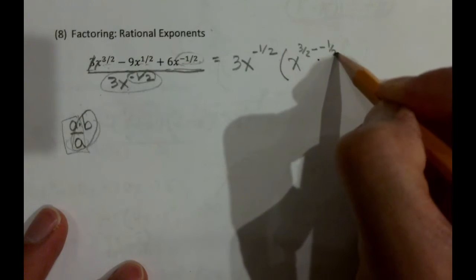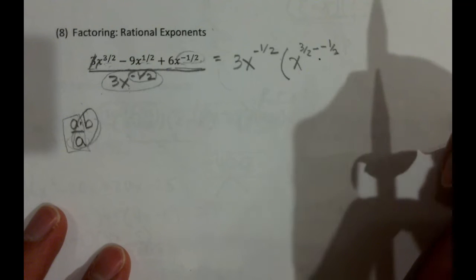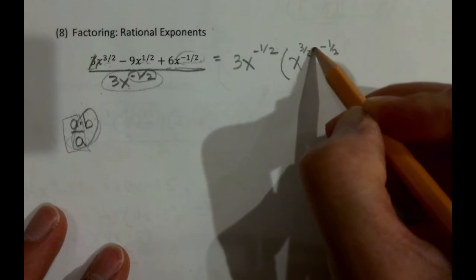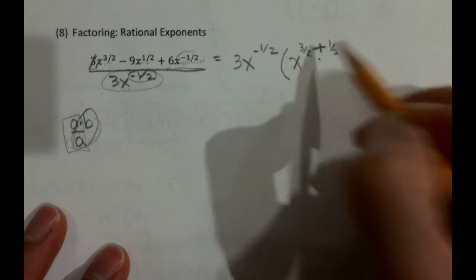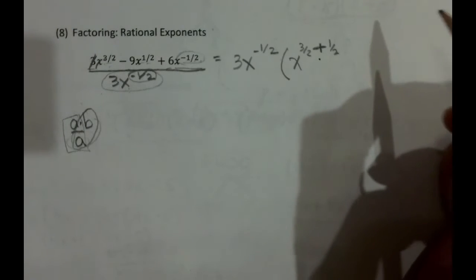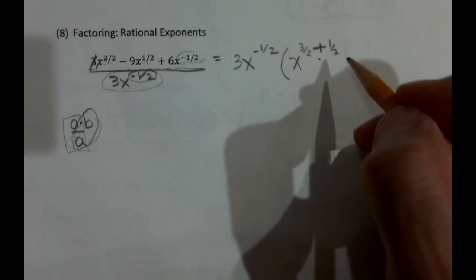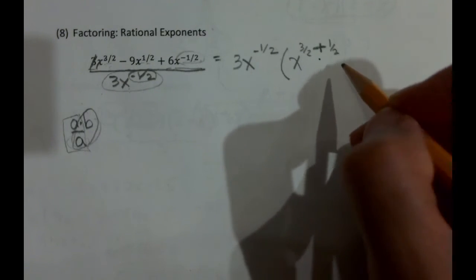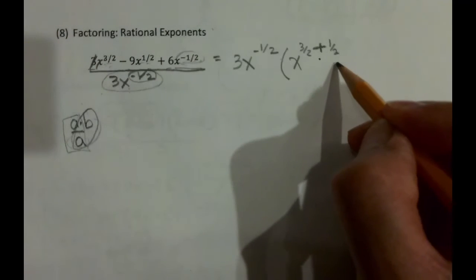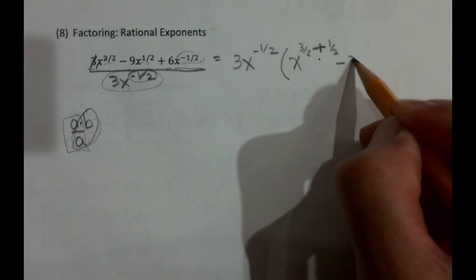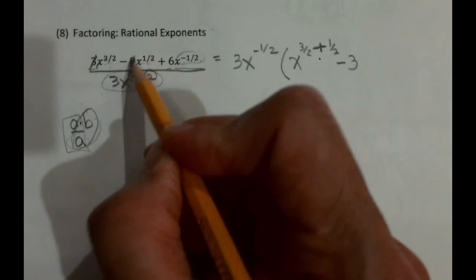Of course, subtracting a negative is the same as adding a positive, so I'm going to end up adding those together. It's going to be x to the 4/2, or x squared. Then my next term, minus 9/3, is going to leave me with minus 3.